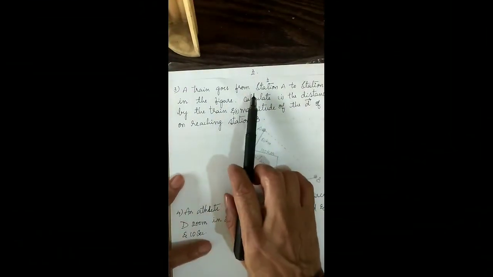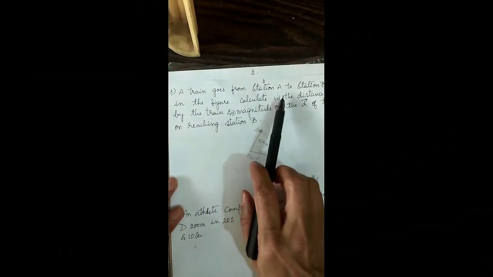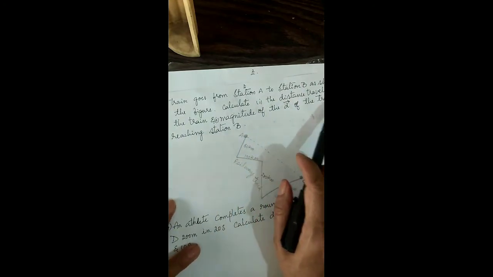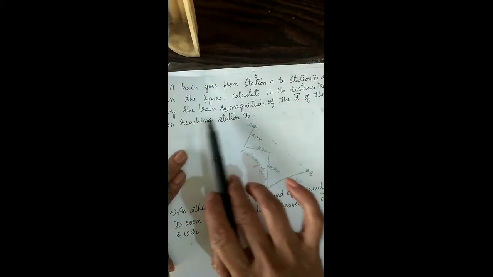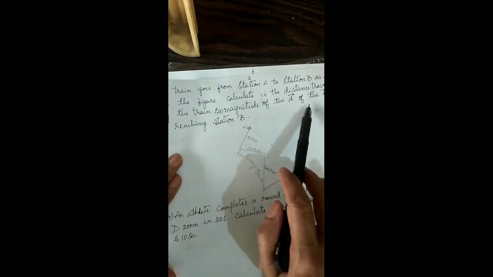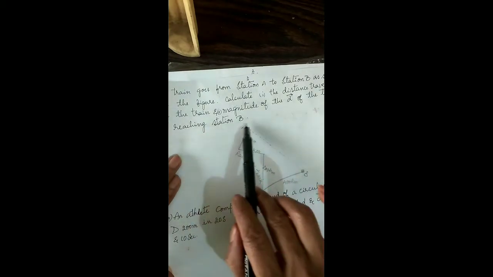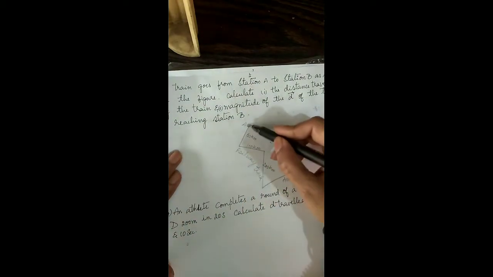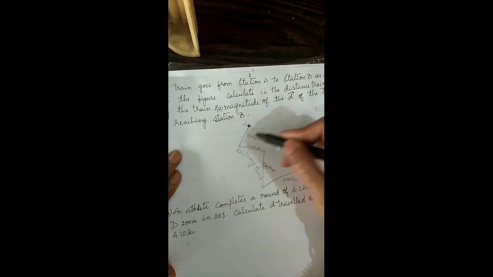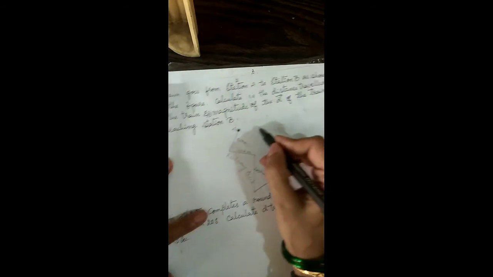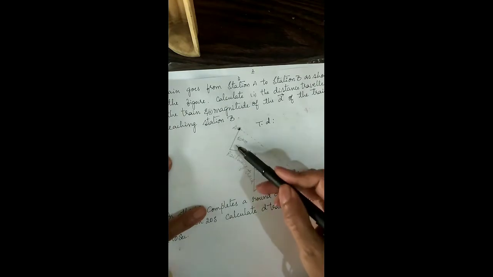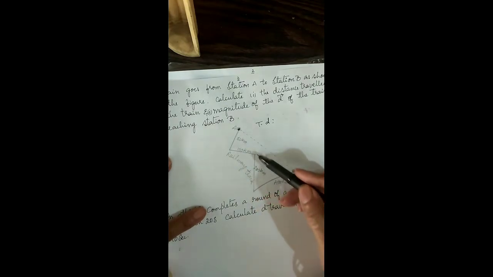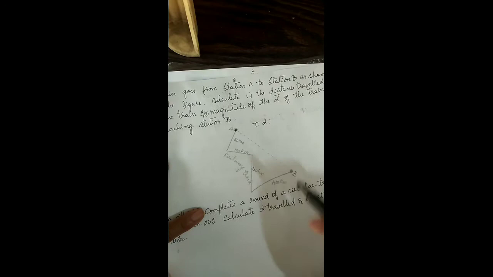A train goes from station A to station B as shown in the diagram. Calculate the distance traveled by the train and the magnitude of displacement of the train on reaching station B. Now, the train is starting from A. Total distance is equal to 50 kilometers plus 100 plus 200 plus 400.